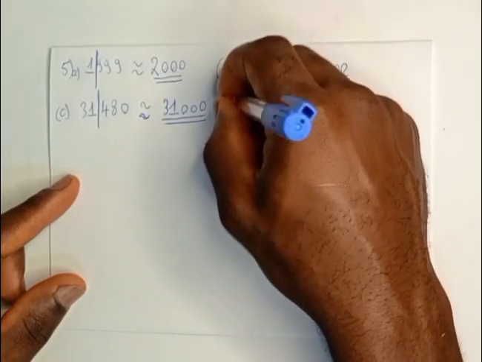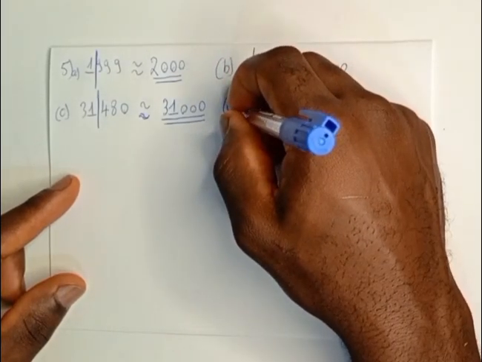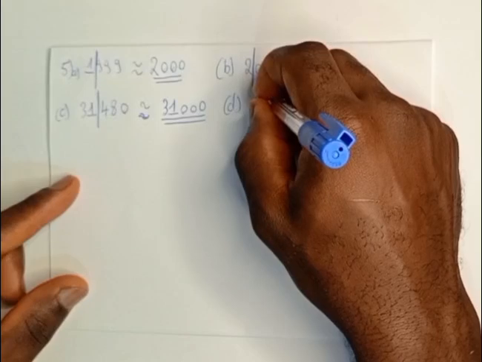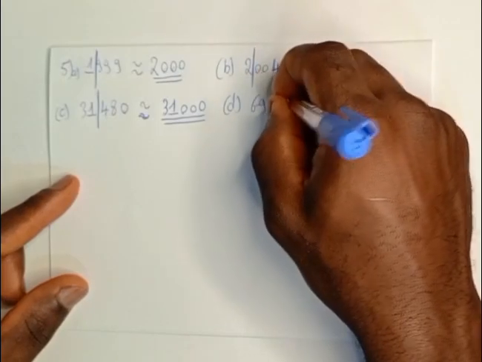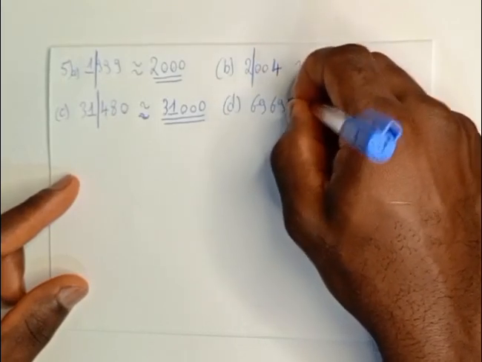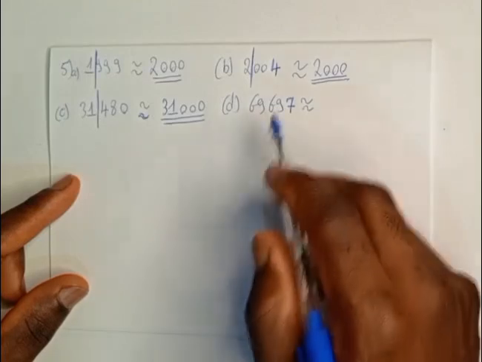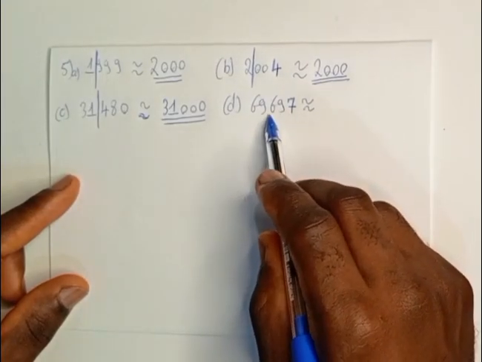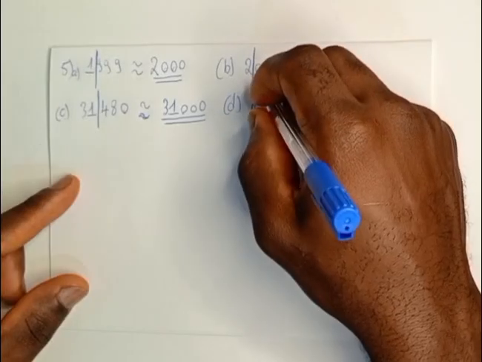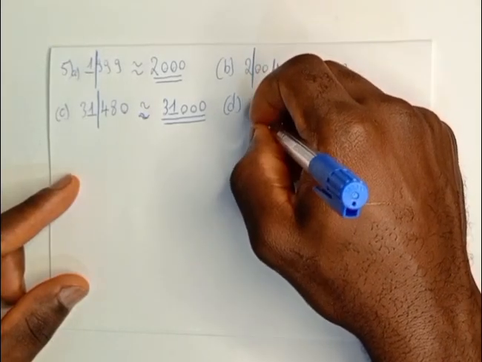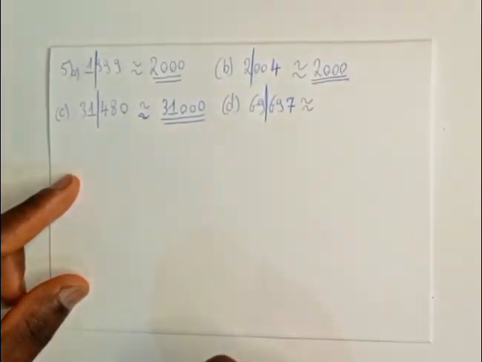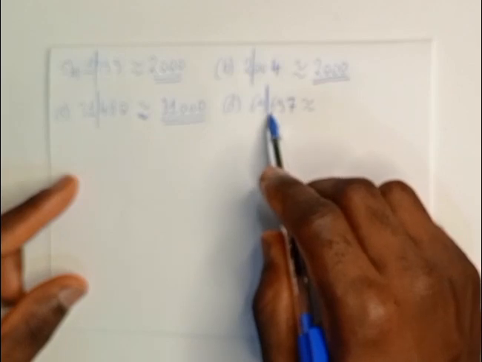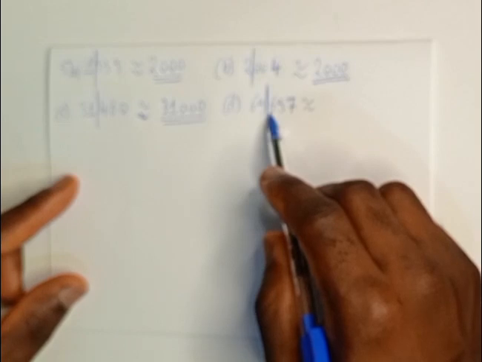We go now to question D. For question D, we have the number 69,697. This will be approximately units, tens, hundreds, thousands. We have to approximate at this level. 6 is greater than or equal to 5. It is rounded up to 1.